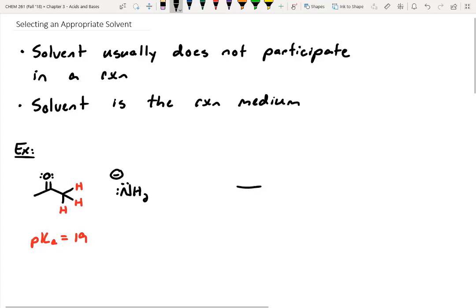And in this reaction, we could imagine, hey, this base could theoretically grab this proton, clamp down, and we could get a carbon with a negative charge. Is there anything else stabilizing this conjugate base? Resonance, right?